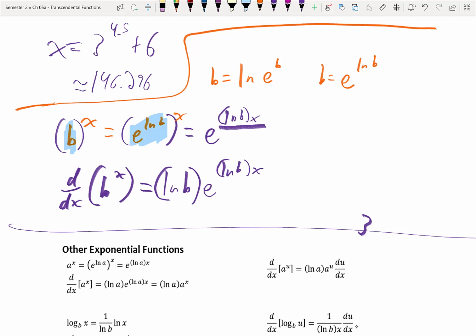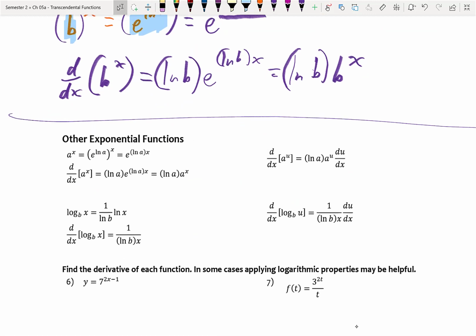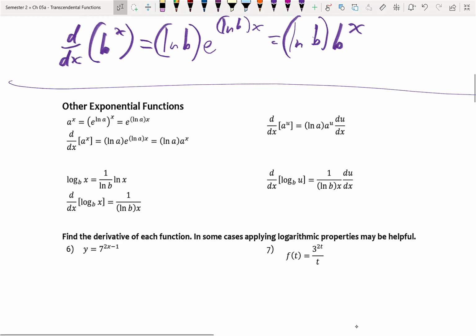Okay. This can be simplified. E to the ln of b x, remember, that's the same thing as b to the x. So this is ln of b times b to the x. And this is about to become a lot simpler because we're going to do number 6 and show how this works.